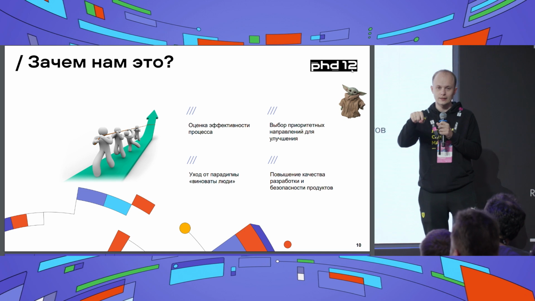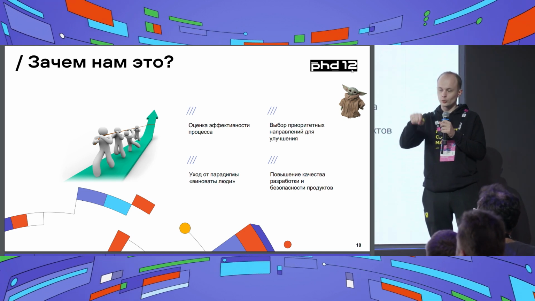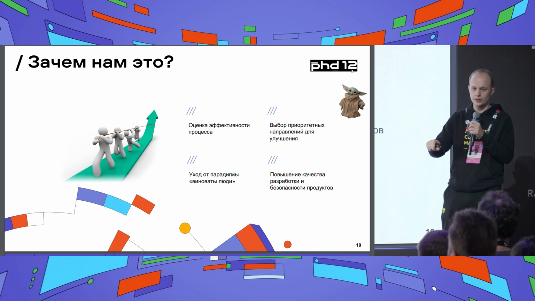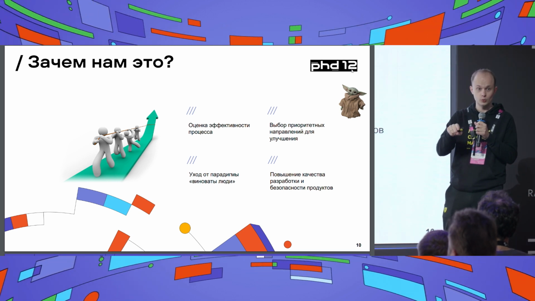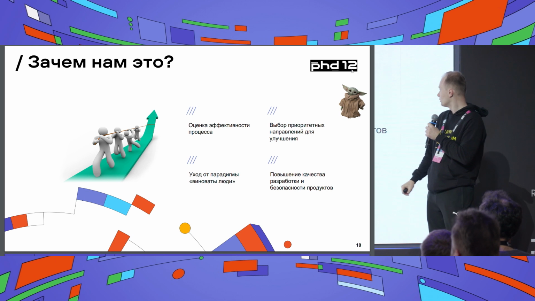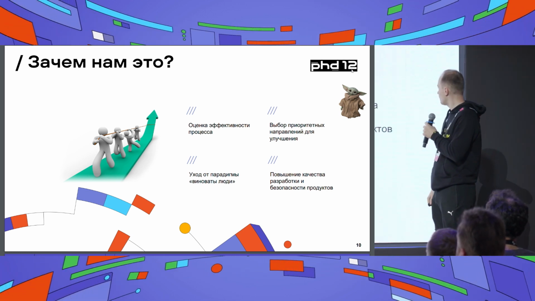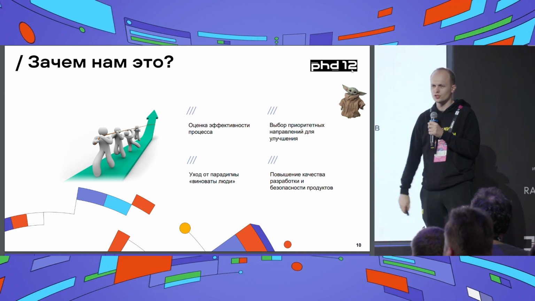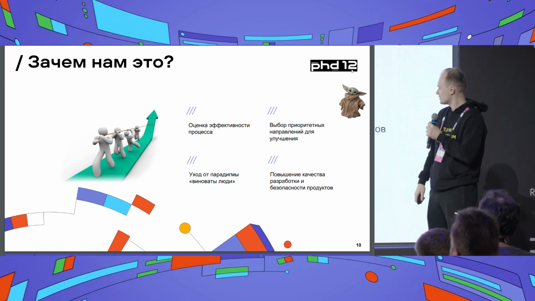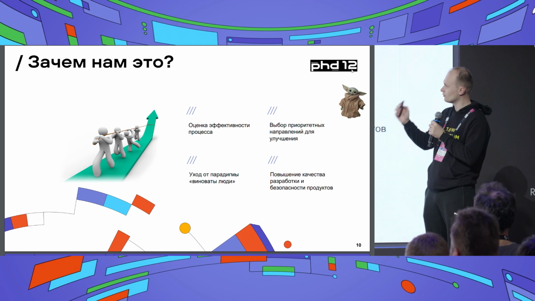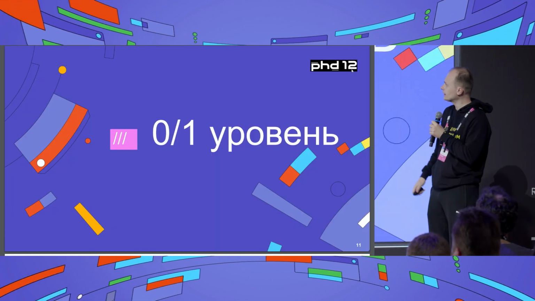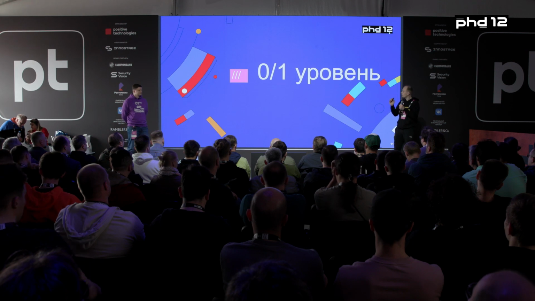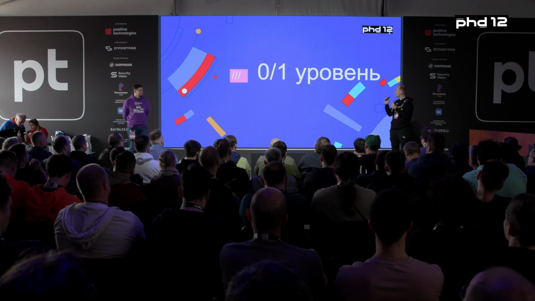We have to abandon the paradigm that it's the people who are responsible for everything. If a person is to blame, it means that the process doesn't work. And of course, the quality of products should go up, and the security should go up. That is clear. So, we are at the bottom.